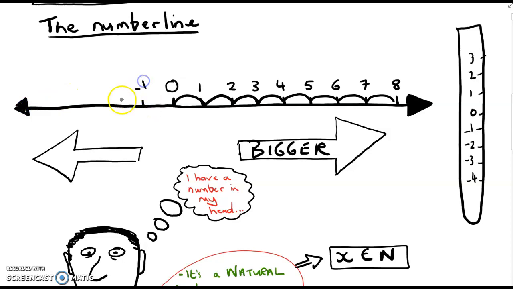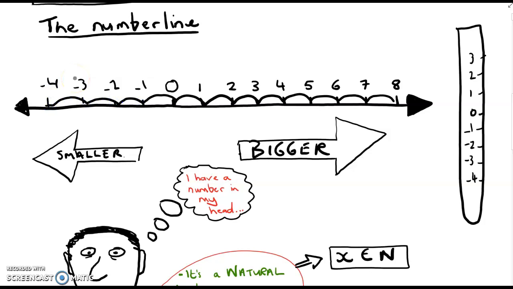So -1, -2, -3, -4. So the more to the left you go, the smaller the numbers get. Minus 4 is actually smaller than minus 1. Okay, think of it in temperature terms. Minus 4 is colder than minus 1. Okay, these are smaller temperatures, smaller numbers. Okay, so that's a number line.